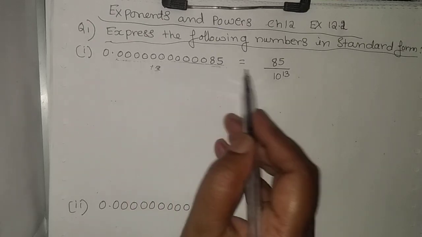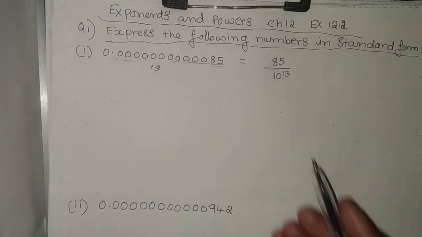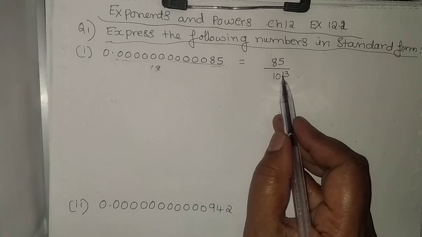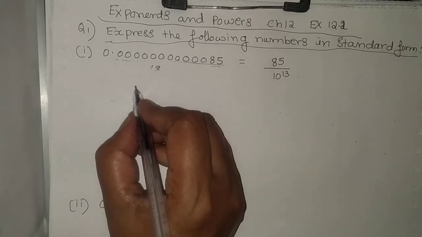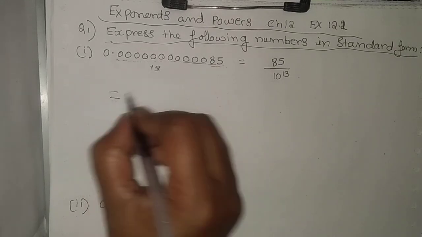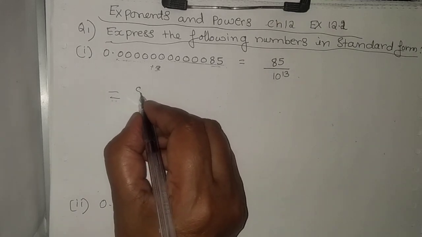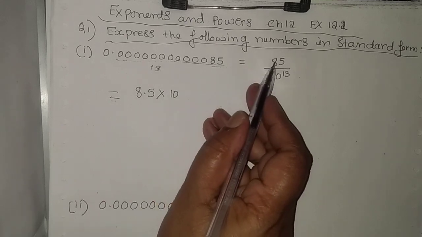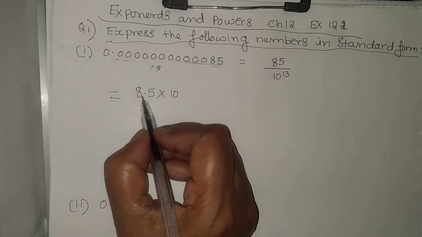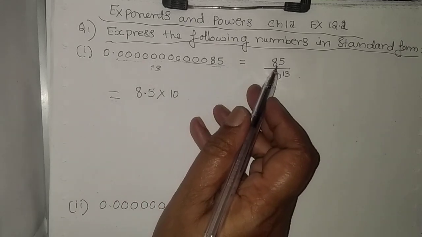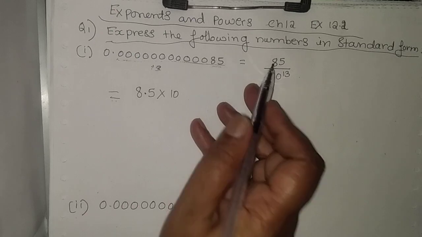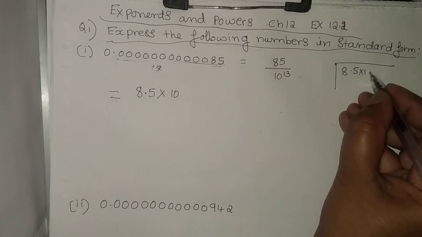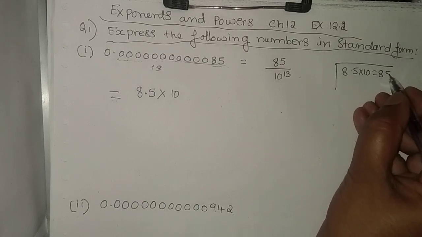Including this there are 13. So after the decimal point, count these numbers and write just 10 power 13. So after this, we will take one more here, 8.5 into 10. If we write 8.5 into 10, this becomes 85. So both are same. 8.5 into 10 is equal to 85.